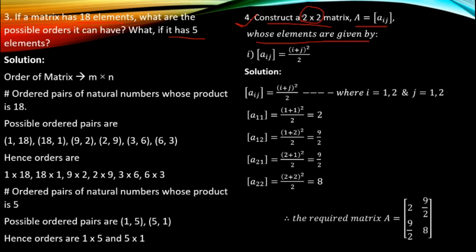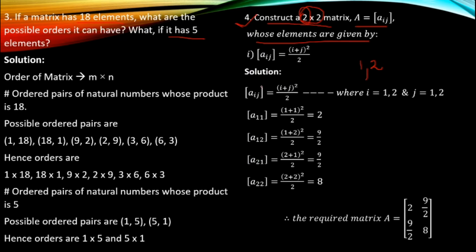What will be the value of i? It will be 1 and 2, because i means the ith position in the row. So here we have 1, 2 and columns the same way 1, 2. So 2 columns, 2 rows.